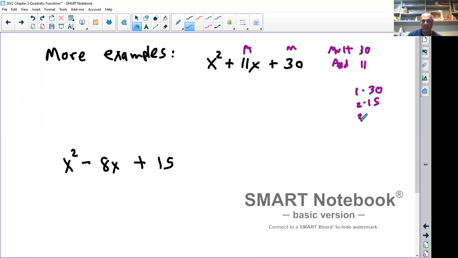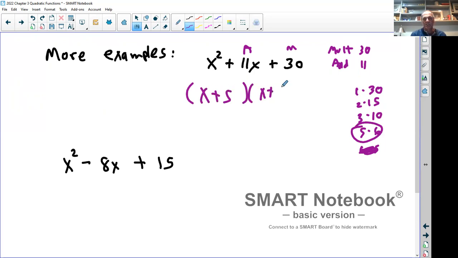See, I'm going up the ladder here. 3 times 10, 4 times... 5 times 6. Well, 6 times 5, that's a repeat. So those are the only possibilities. Which of those adds to 11? 5 and 6. So x plus 5, x plus 6. What if I wrote x plus 6, x plus 5? Same thing. Next one.